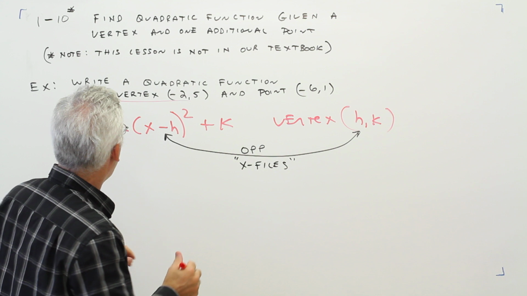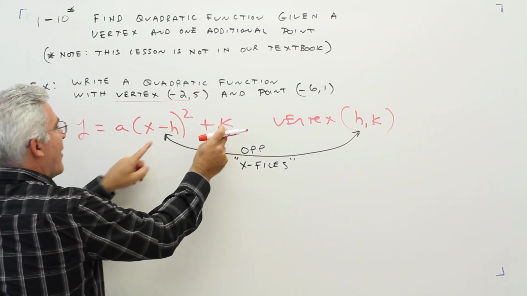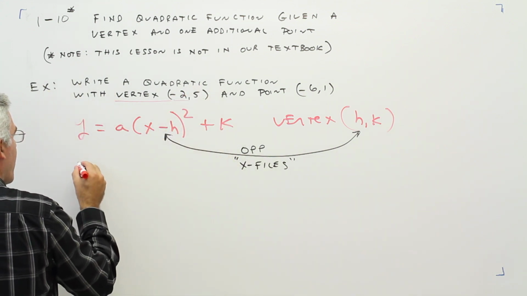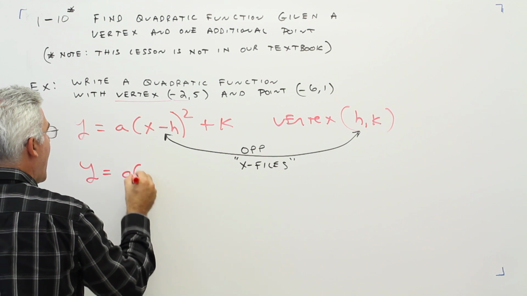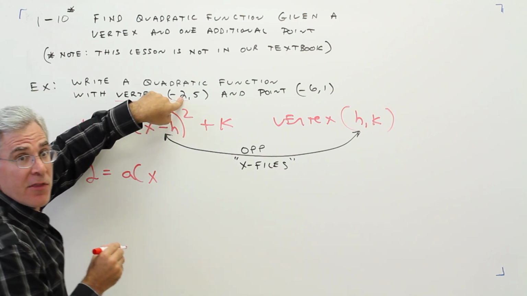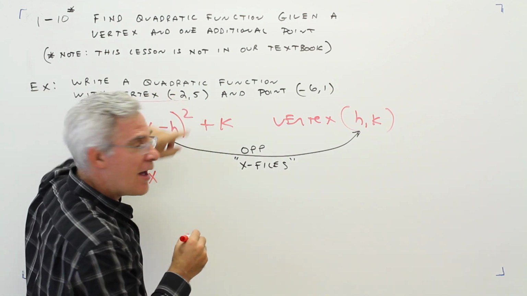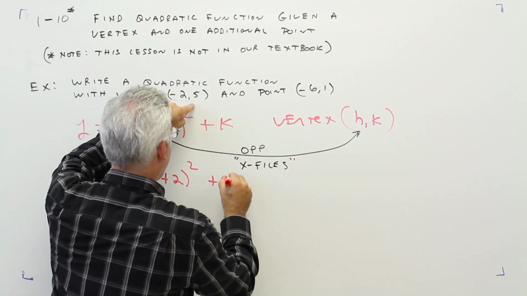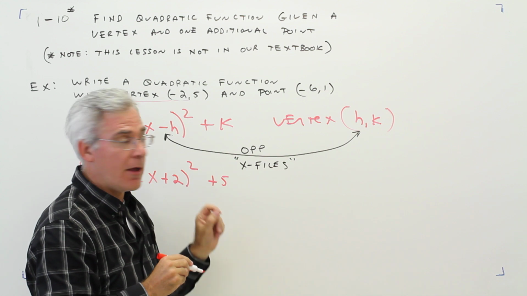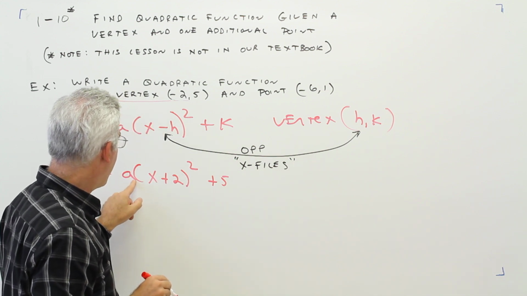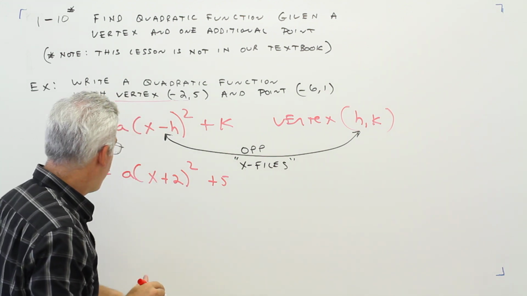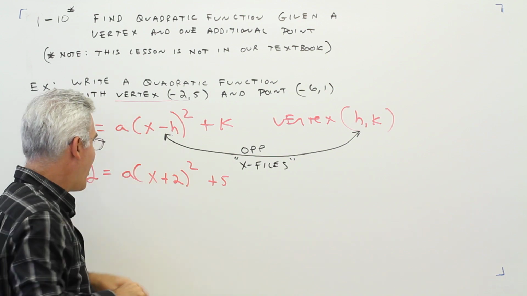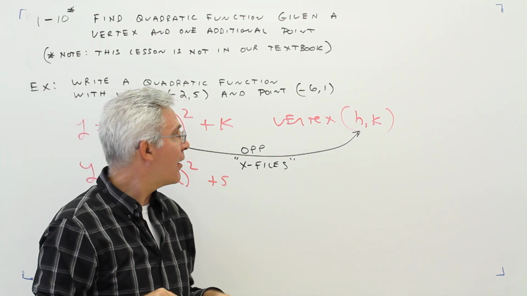All right, so right away, I've got the h and the k. So I've got y equals a times x, in this case, plus 2, opposite of that, squared, plus 5. Okay? So now all I'm going to do is find the a value. Well, if only I had a known x and y, I could then solve for a.